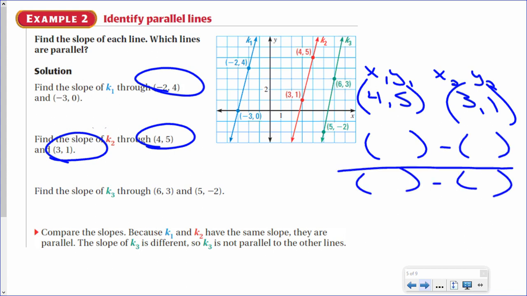The y is going top, 1 and 5. X is going bottom, 3, 4. 1 minus 5 is -4. 3 minus 4 is -1. You also get a slope of 4.